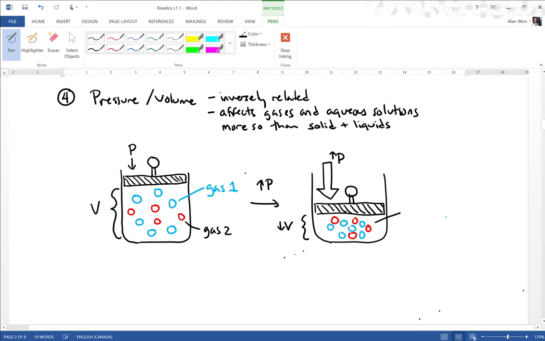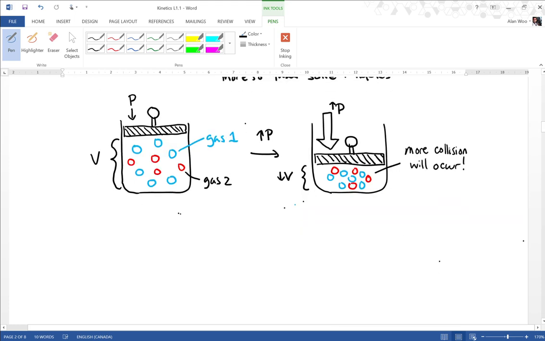They have more opportunity to collide with each other, so more collisions will occur. The more collisions that happen, the faster the rate. So in the end, we can summarize it like this: if you increase the pressure, you increase the rate of reaction.